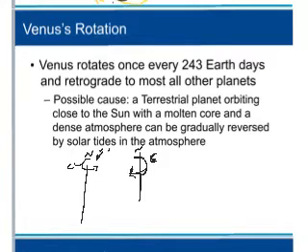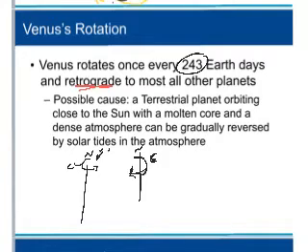And through the Doppler shifts of a radar pulse reflecting off the planet, that's how it's figured out that Venus rotates once every 243 Earth days. So that's a pretty slow rotation. Just a note here, retrograde: Venus rotates once every 243 Earth days, and retrograde to almost all the other planets.